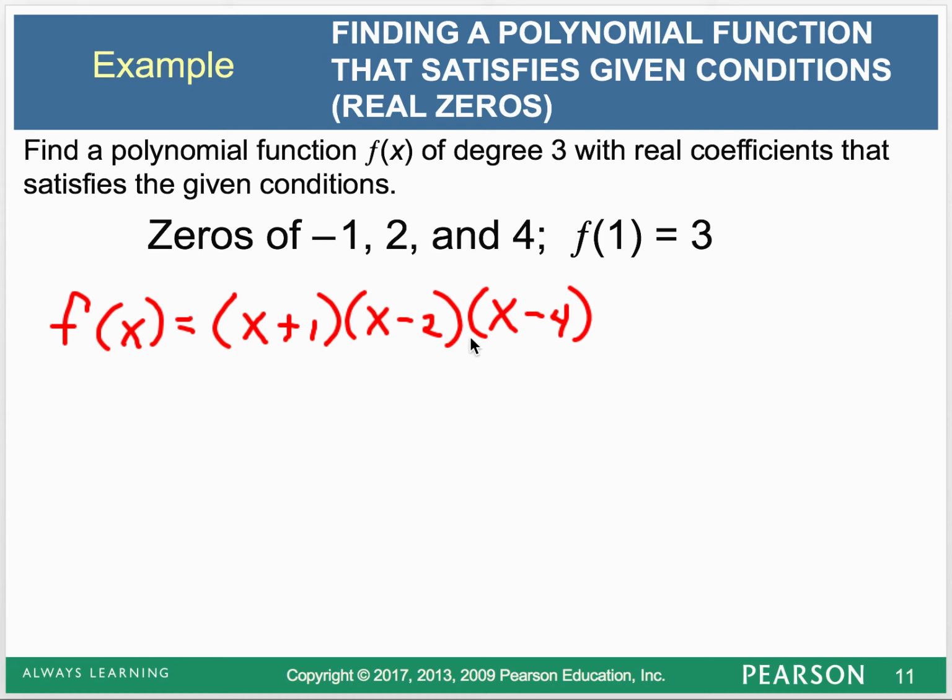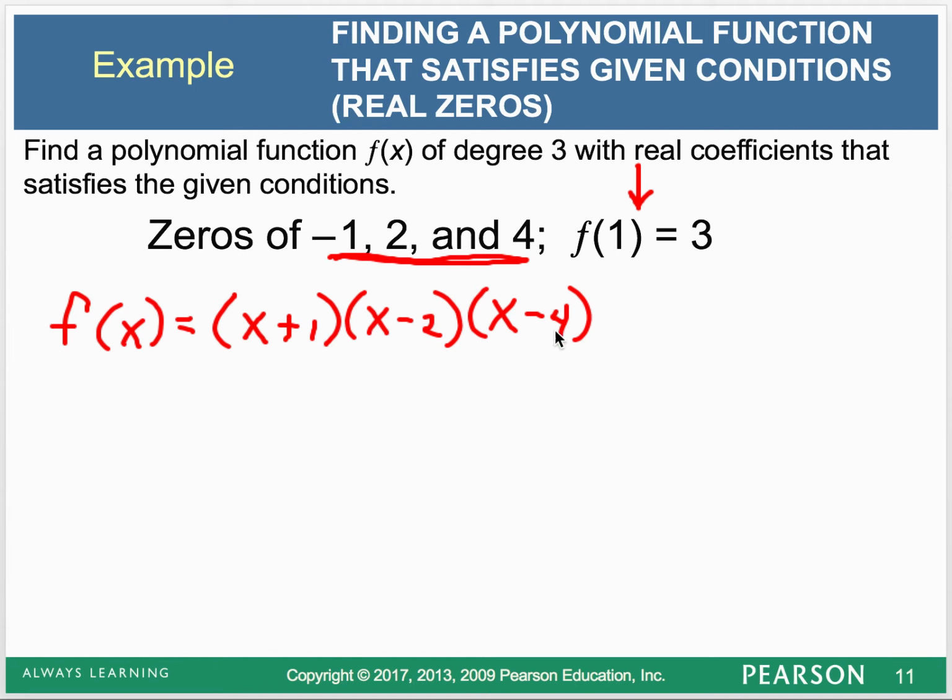So this right here, if I were to multiply this out, is a polynomial that has these zeros, right? But this asks me to find the polynomial that has these zeros and where f of 1 equals 3.